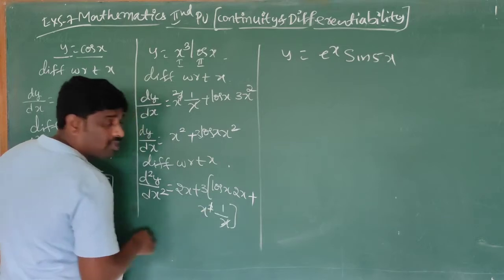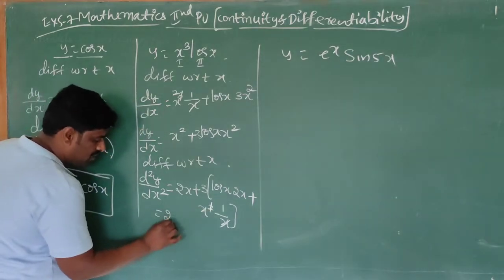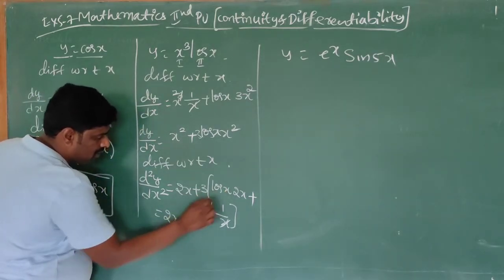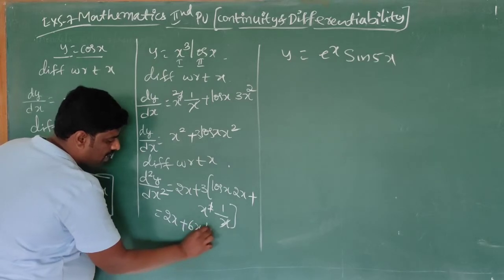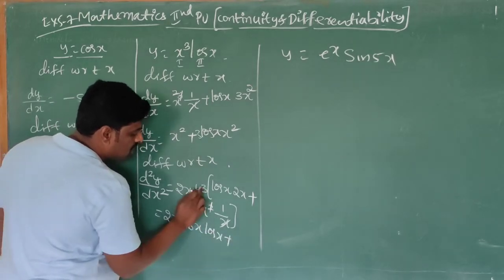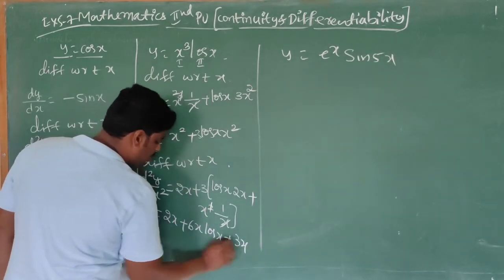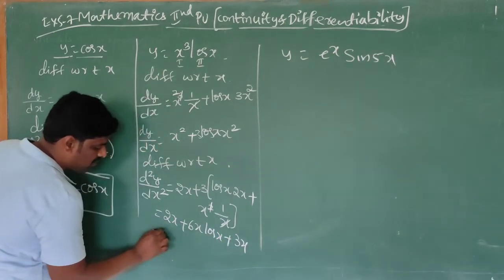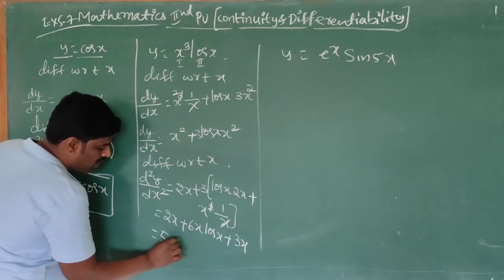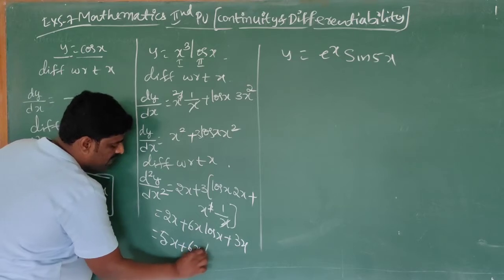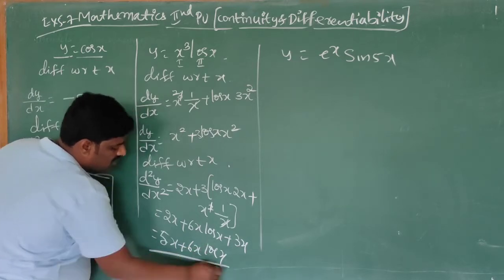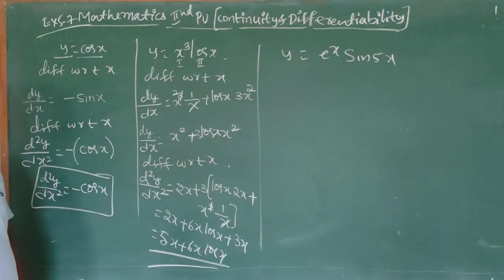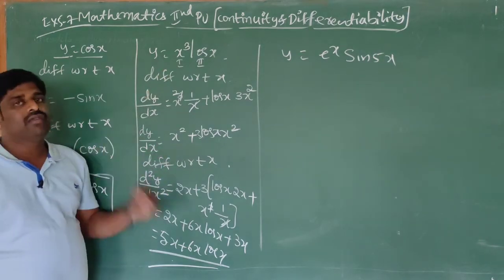So x cancel, that is 2x plus 3 twos are 6x log x plus 3 into x, 3x. 2x plus 3x is 5x. 5x plus 6x log x. So this is the second order derivative of your given function.